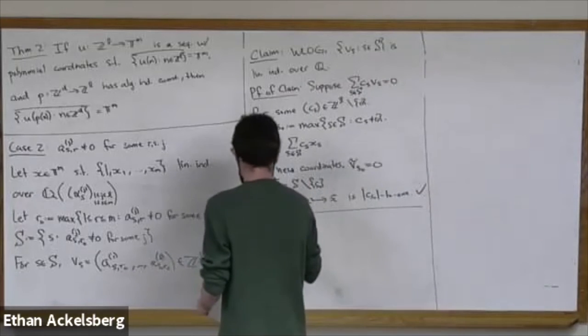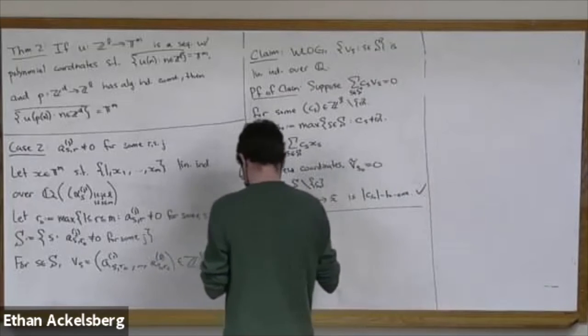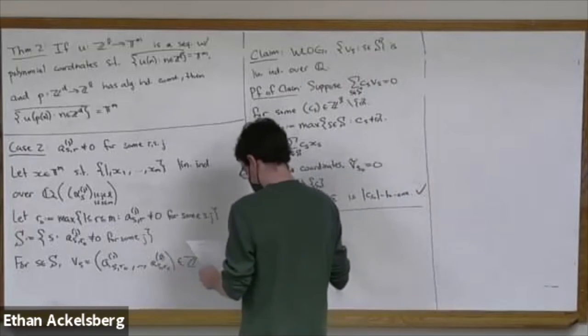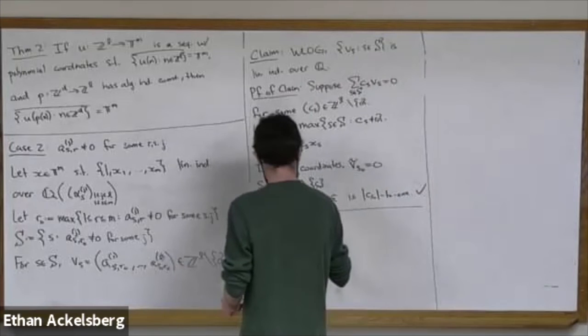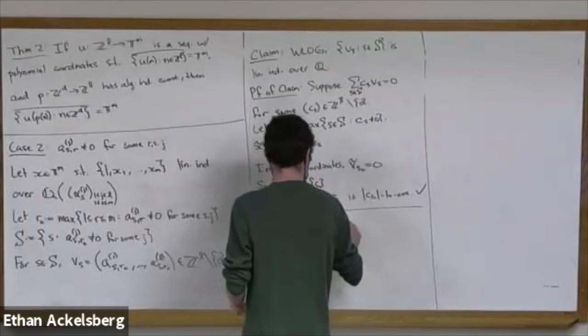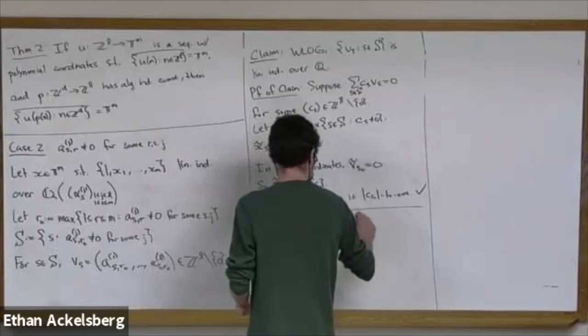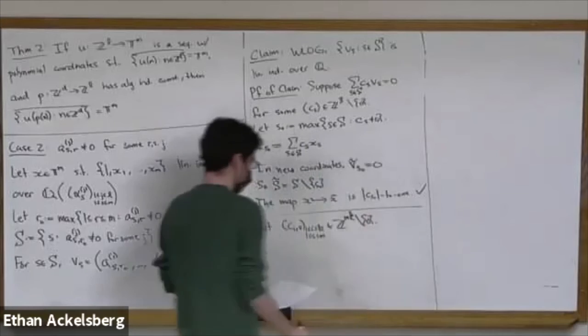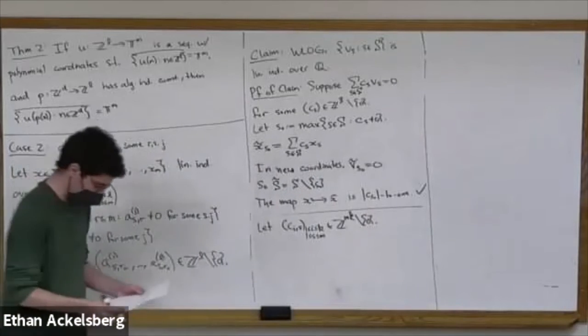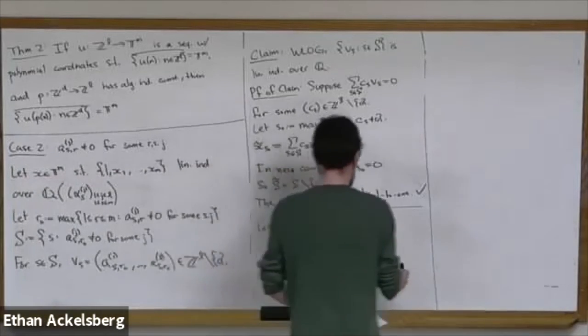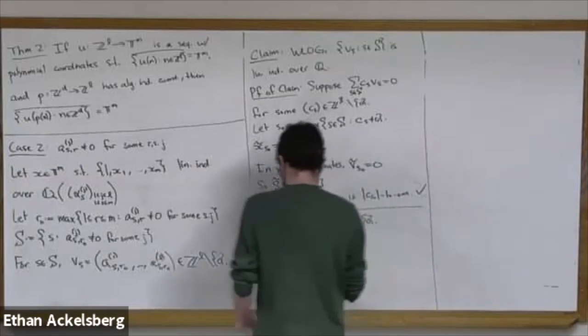So now I'm going to take some vector. What are the indices here? I is 1 to k. So again, we're going to start taking linear combinations of coordinates to get something in the one torus. And we're going to make some more reductions.